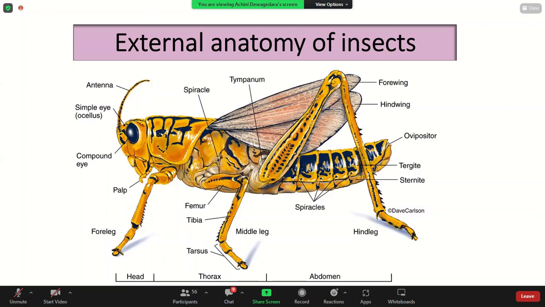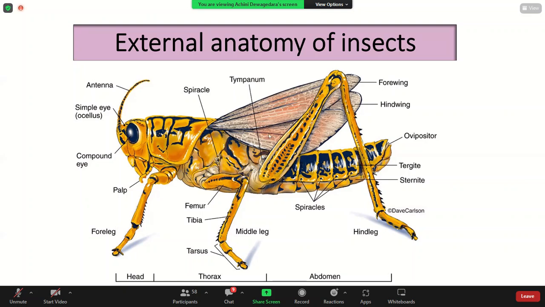And if you go on studying, to the degree program, you will learn about the internal anatomy and all those things. Right. So compared to other animals in the kingdom Animalia, insects are quite less evolved.